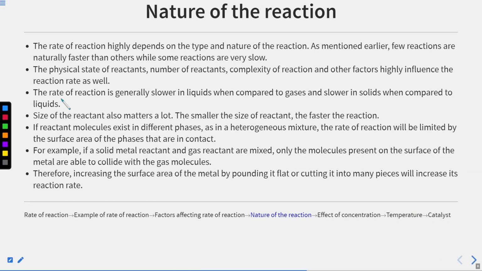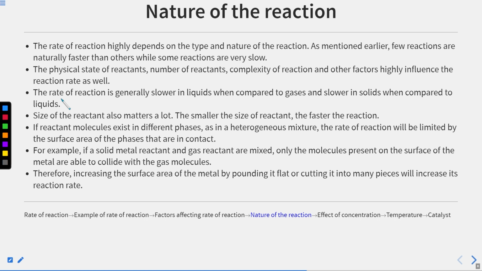So what is the nature of reaction? What I am trying to give you through this is that the rate of reaction highly depends upon the nature and type of the reaction. As I mentioned earlier, a few reactions are naturally faster. So you cannot say that temperature is the only deciding factor, or concentration or anything. If you keep all these things the same for two different reactions, that would not mean that both reactions would go at the same speed, because the rate of reaction is specific to that reaction.